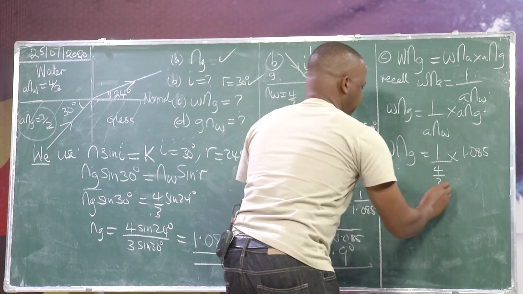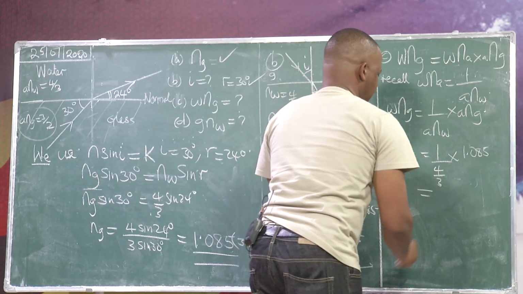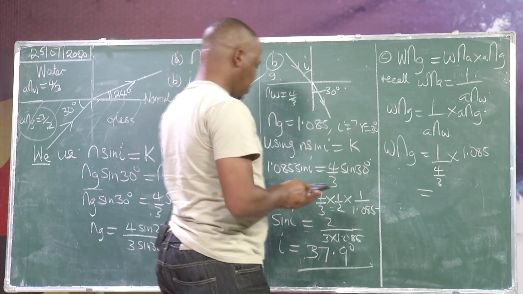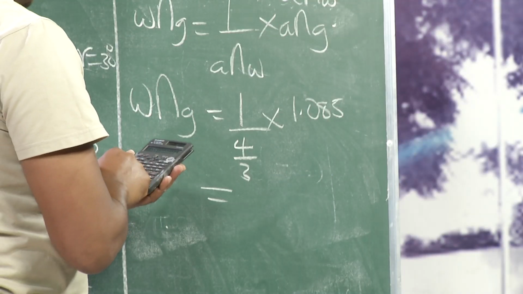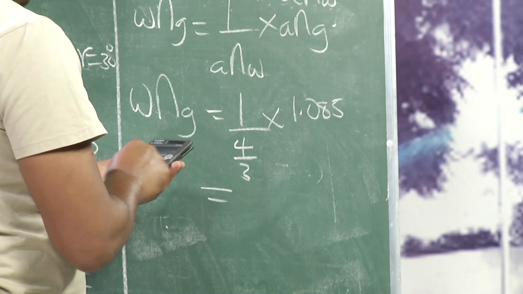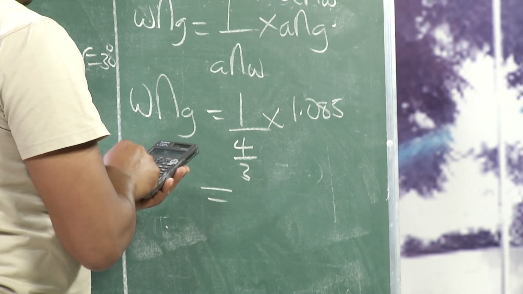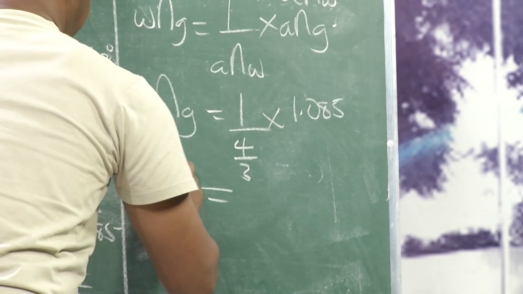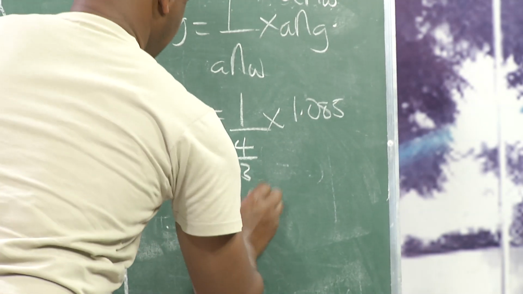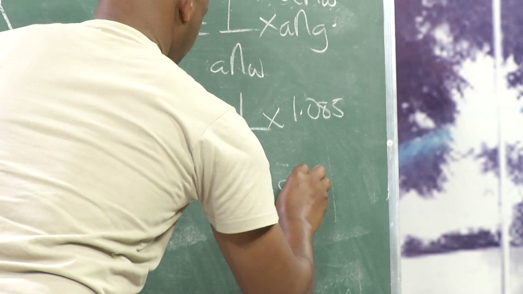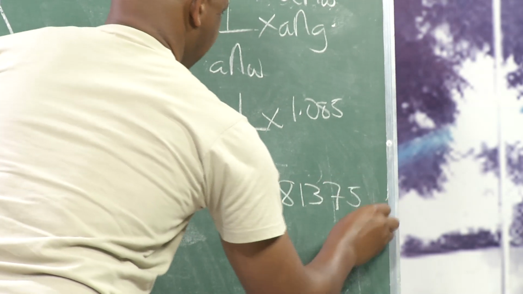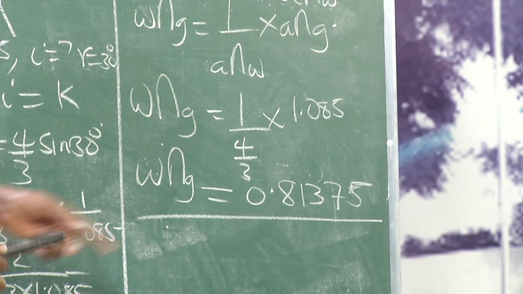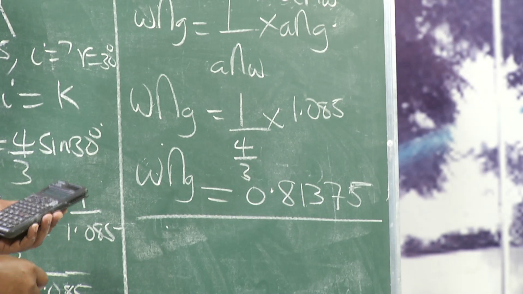This is the same as 3 times 1.085 divided by 4. We shall get the value of wng as 0.81375. I would advise students that it is not good for them to round off such a figure. They would leave it at that stage.